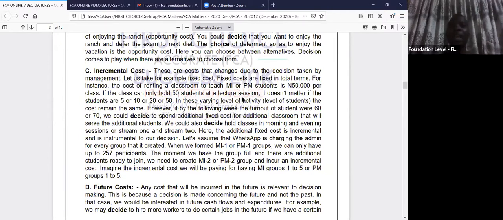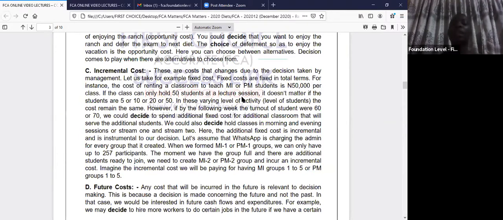Now that extra amount we are paying above the normal 6,000 fixed cost is the incremental cost. That additional cost incurred to take that one person is incremental cost.